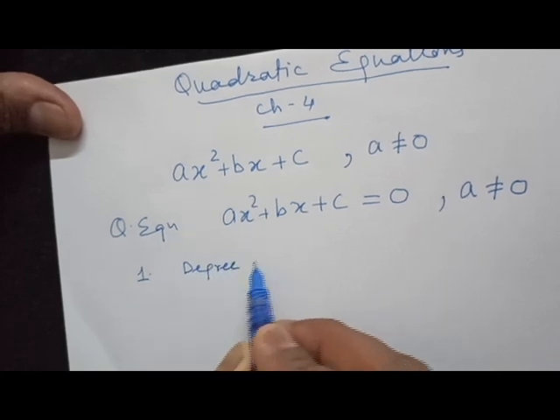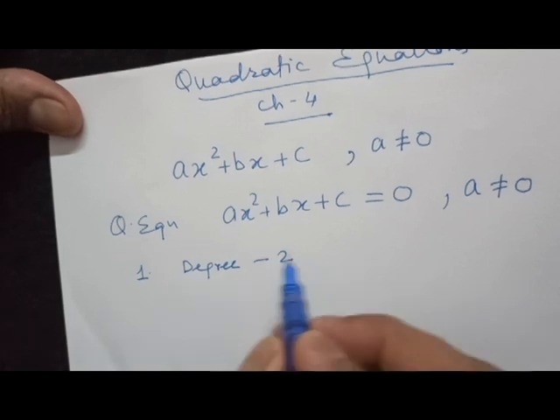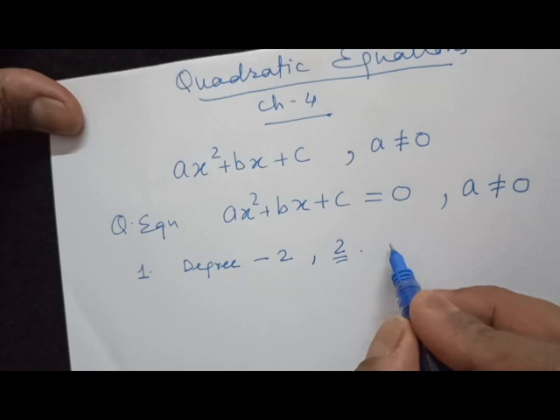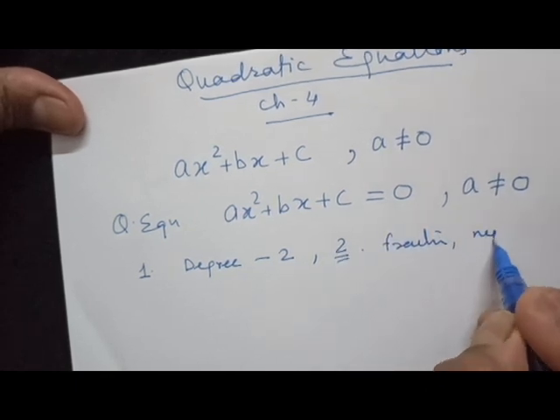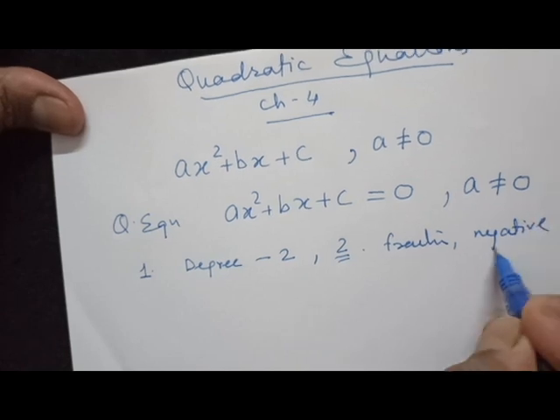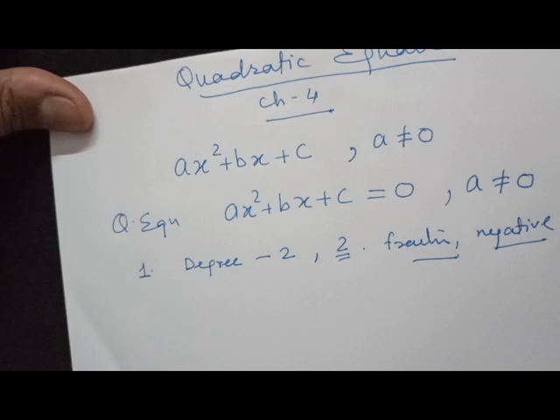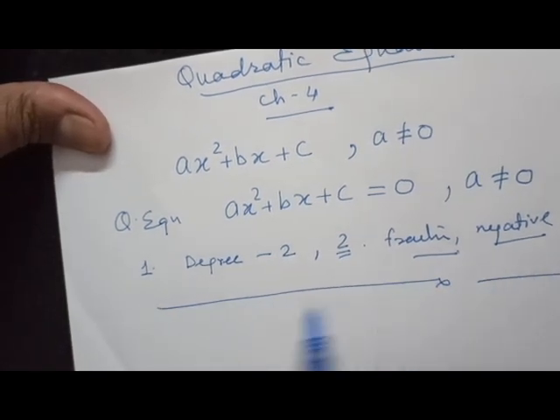After simplifying, the degree has to be 2. Power cannot be more than 2. Secondly, you have to check that no power is in fraction or it is negative. So this will help you in finding out whether the given equation is quadratic or not.